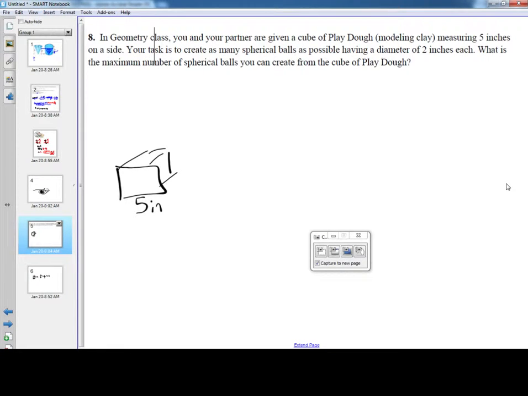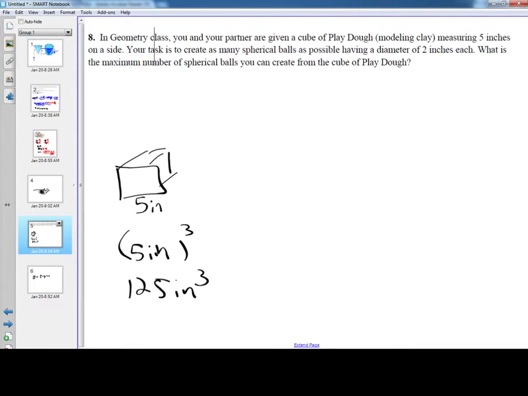That means the volume of this would be 5 cubed, or 5 inches cubed, so that gives you 125 inches cubed. This is the volume of the cube.